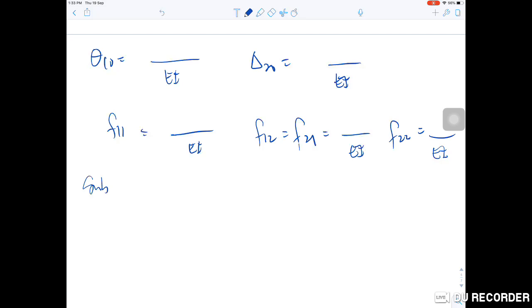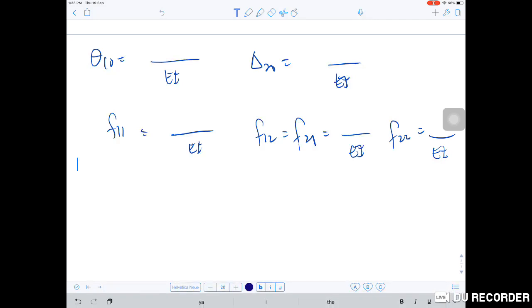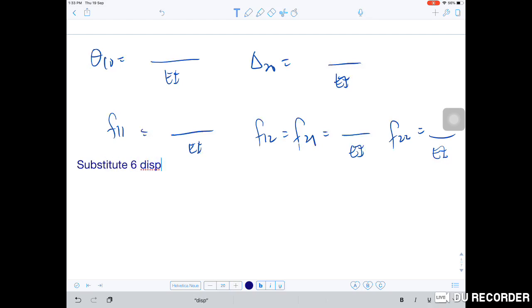Substitute the 6 displacement values into the compatibility equation, and remain in terms of EI.